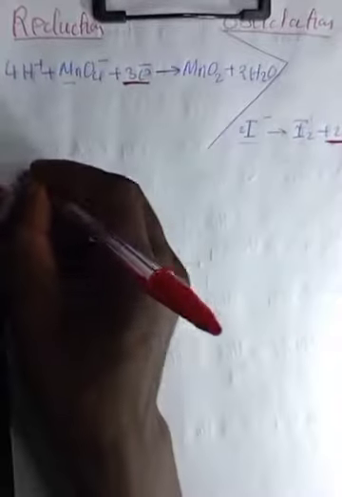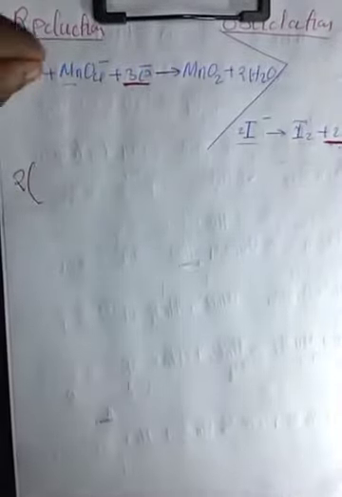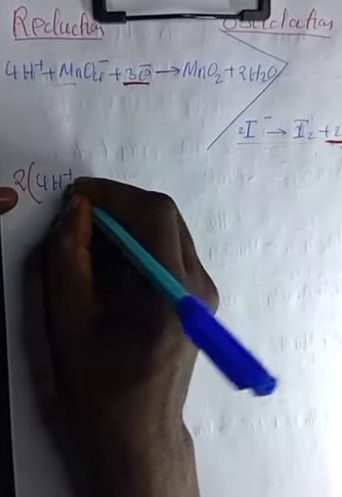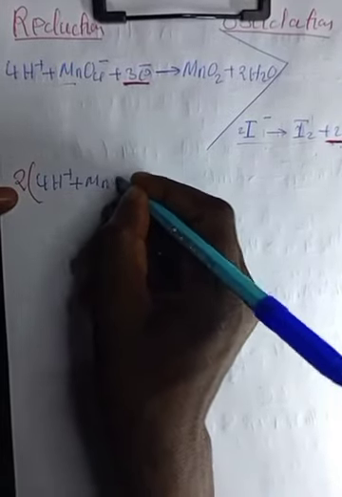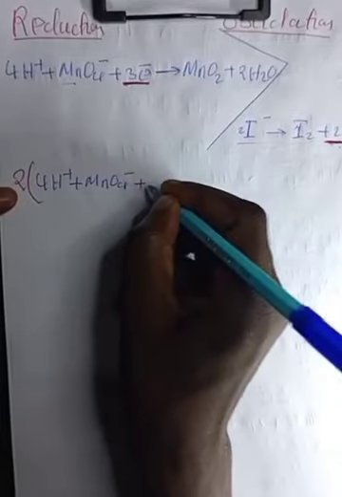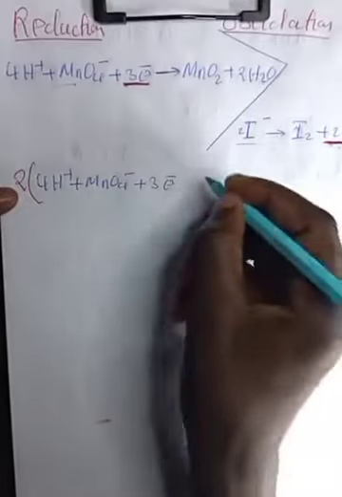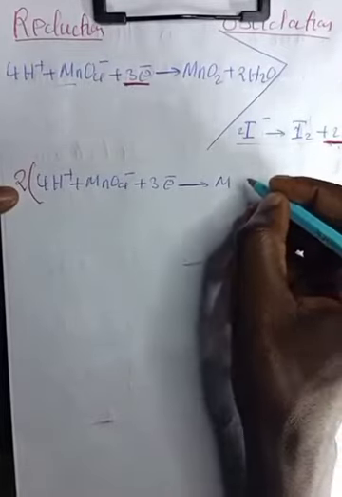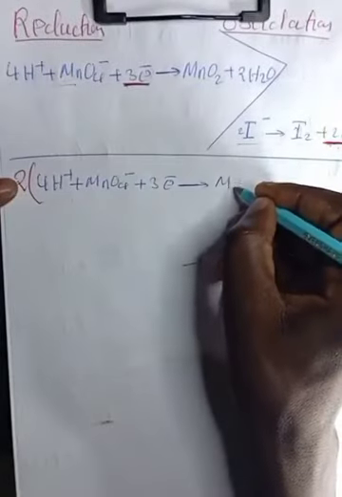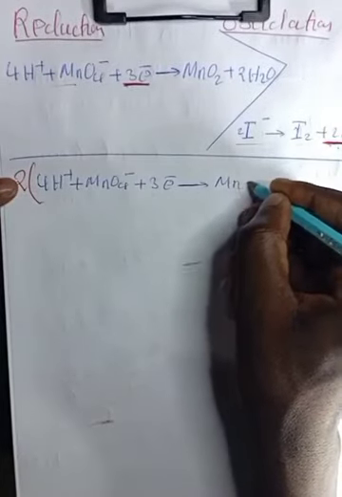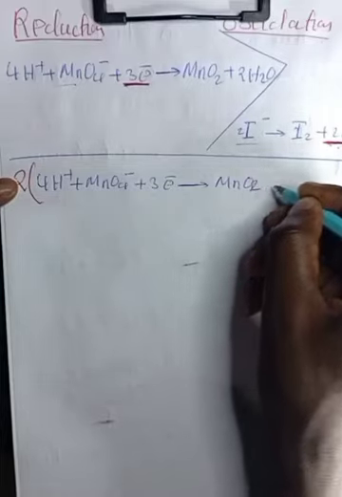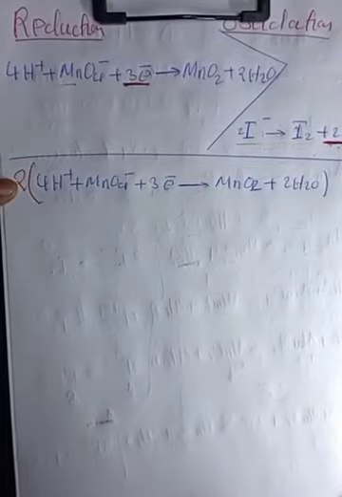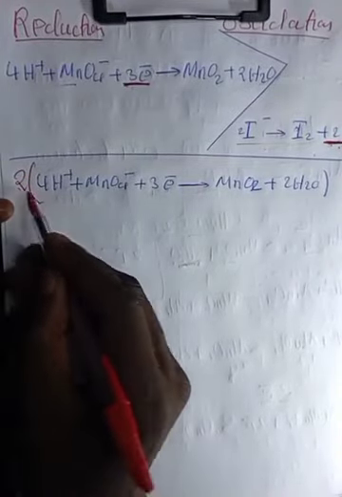Okay, so we're going to have 2 multiplied by this whole thing, which is 4 H+ plus MnO4- plus 3 electrons, giving MnO2 plus 2H2O. Okay. So what is 2 multiplied by 4 hydrogen ions?